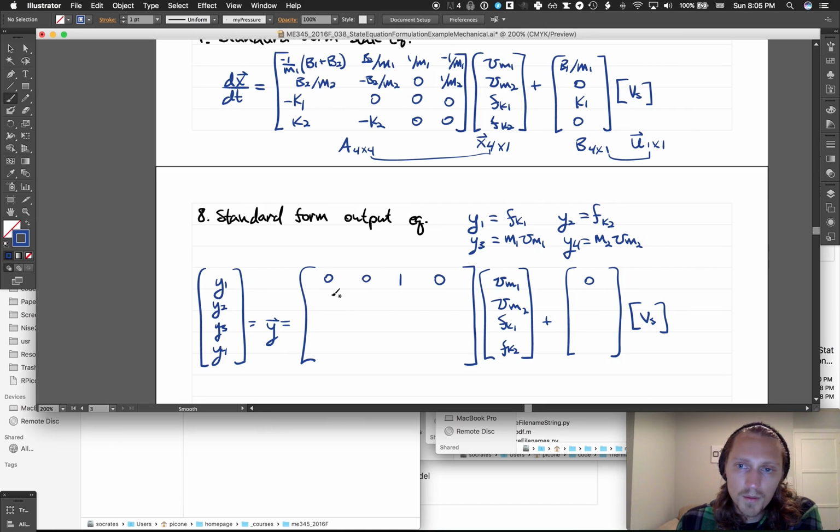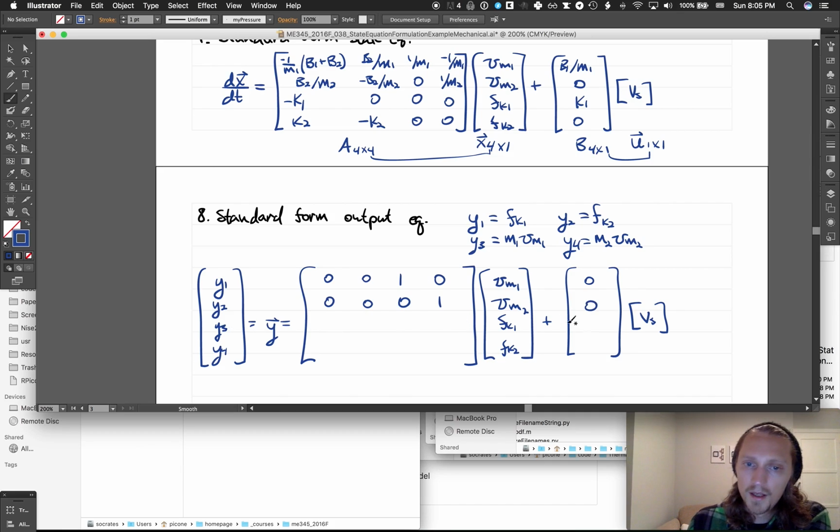Y2 is equal to 0 Vm1, 0 Vm2, 0 Fk1, and 1 Fk2, because this is equal to Fk2. And then there's no input in that equation either.